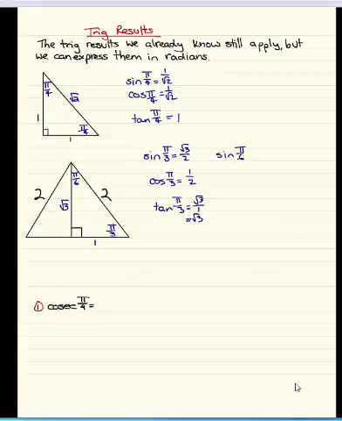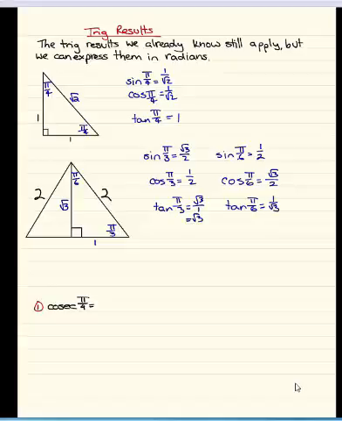Okay, so sine of pi over 6 is 1 over 2, and cos of pi over 6 is equal to root 3 on 2, and tan of pi over 6 is equal to 1 over root 3.